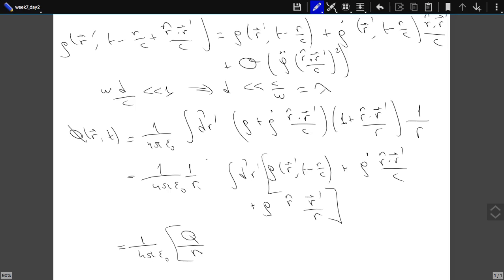Well, since the total charge of my system is not changing, the total charge kind of behaves like in electrostatics. This is nothing but the electrostatic potential. Then we have plus r hat over c r squared, integral of d cubed r prime rho r prime, times the time derivative.